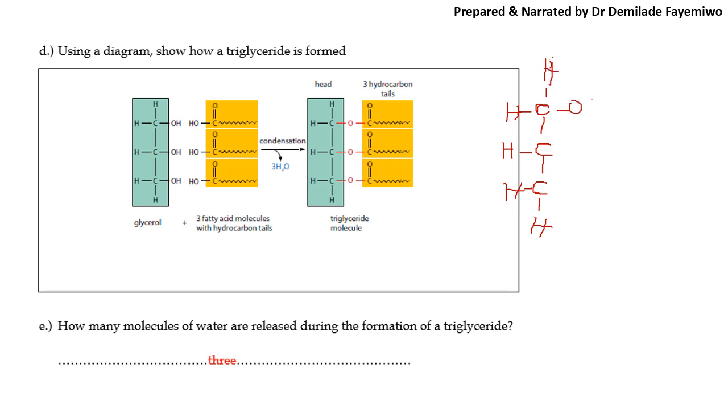Glycerol has 3 hydroxyl groups, okay, because each carbon on glycerol has 1 hydroxyl group. And what glycerol does is that it reacts with the carboxyl group of the fatty acid. All right, so this is the carboxyl group. If you write out the carboxyl group, it's COOH.